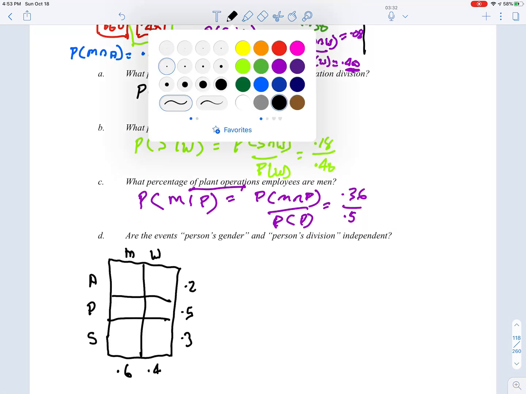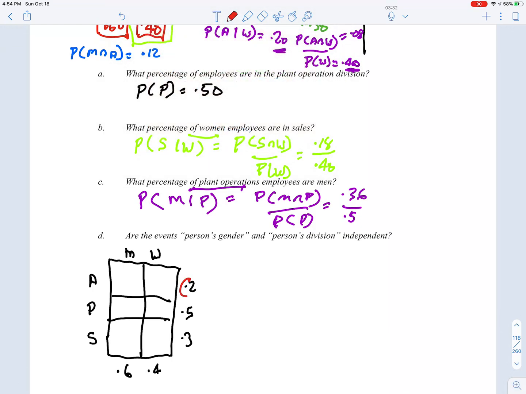Now, if these are independent of each other, we should be able to say, if these are independent, then you can take the two marginals and multiply them together to get what we would expect if they're independent. So 0.2 times 0.6 is 0.12. 0.2 times 0.4 is 0.08.